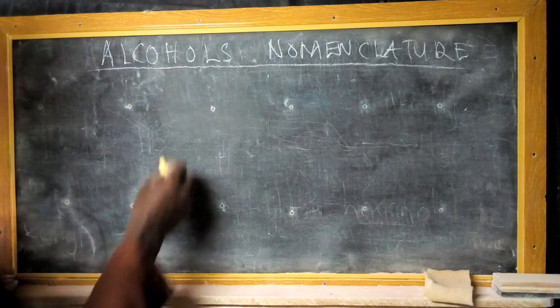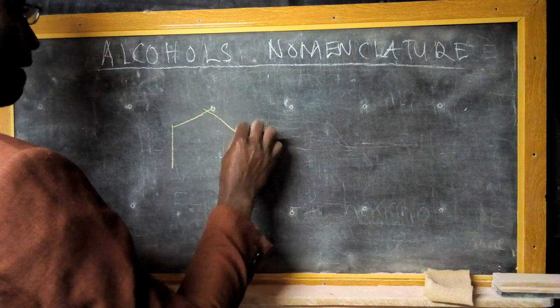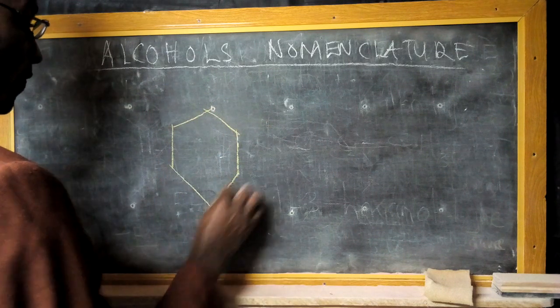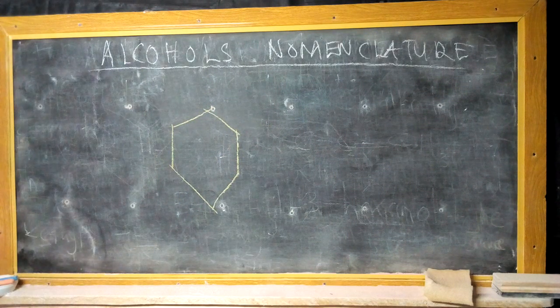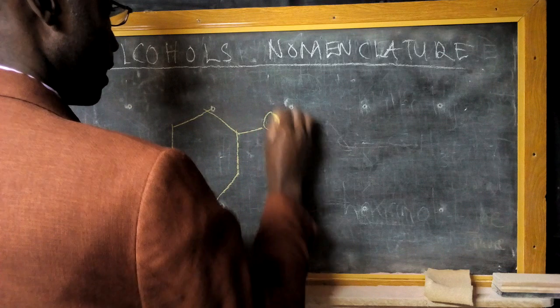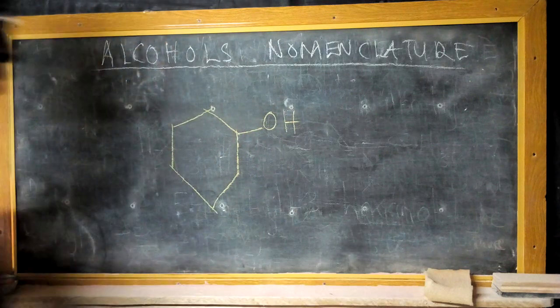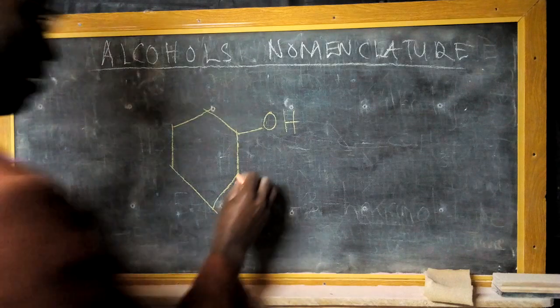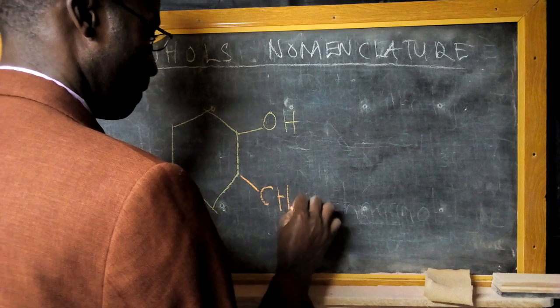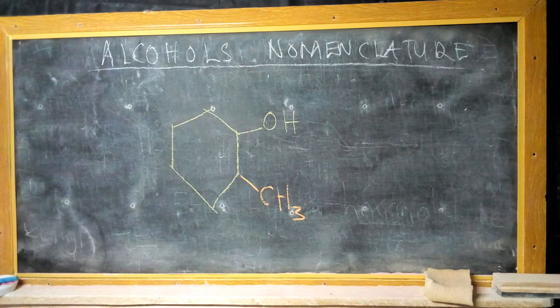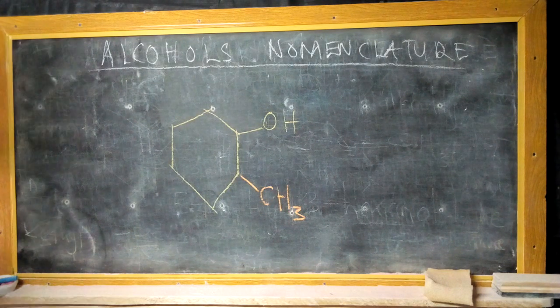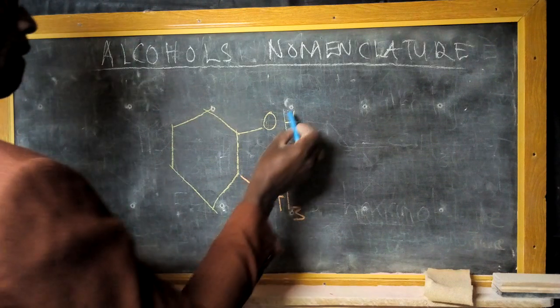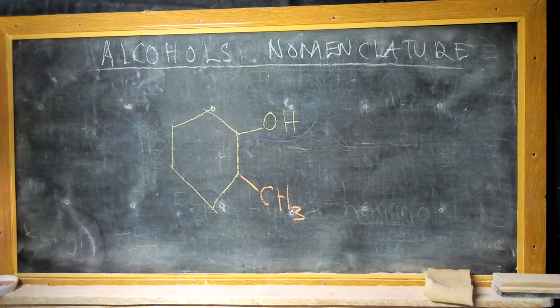So we shall have this particular member, a ring compound that consists of this substituent, which is at this particular point. In this case, we are looking at alcohols, and the functional group is that one there.